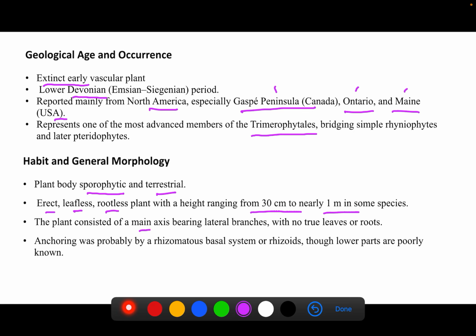The plant consists of a main axis bearing lateral branches, no true leaves or roots, anchored probably by a rhizomatous basal system or rhizoids, because no intact roots have been found in the fossils, and this is what is supposed, as we find in Rhynia.